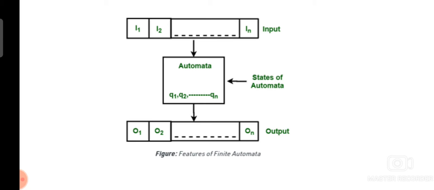A sequence of input symbols will be applied to the automata so as to perform its task, and by consuming the input symbol the system will change from one state to another state. This is called the state transition, and corresponding to the input symbols the system will produce the sequence of output symbols. The outputs are considered as O1, O2 up to On.